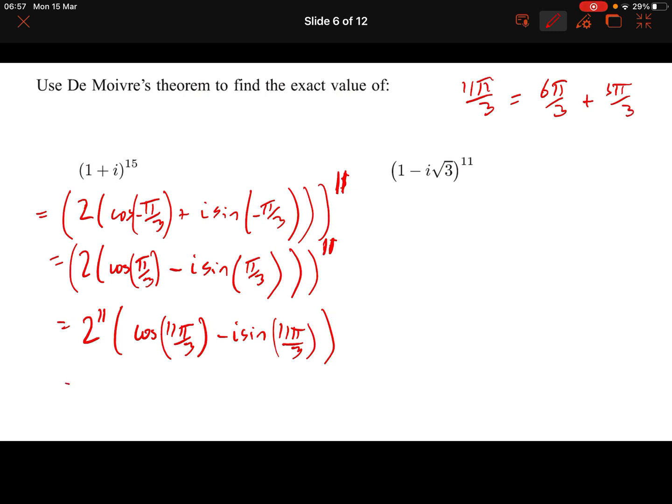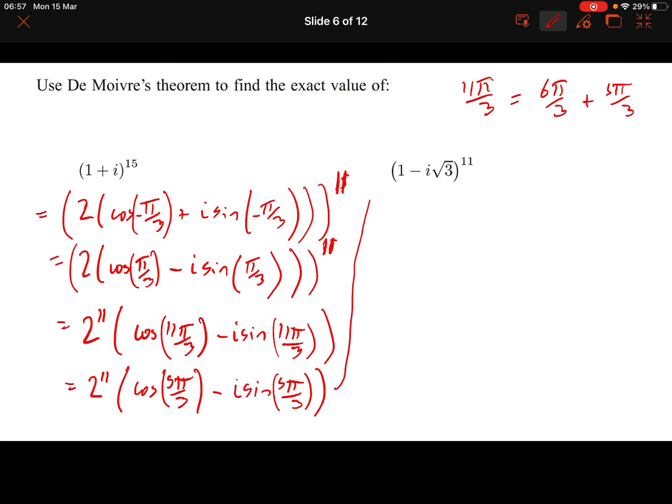So again, I'm going to rewrite as 2 to the power of 11, cosine of 5 pi over 3 minus i sine of 5 pi over 3. Okay, so let's just move it over here.